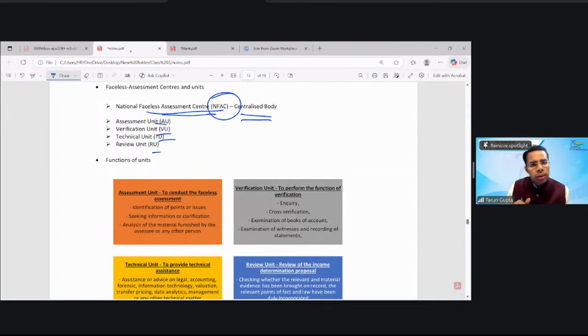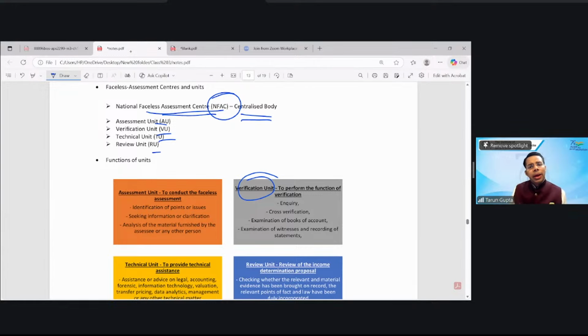What does the assessment unit do? It actually does the assessment. It asks for information from the assessee, scrutinizes the information received from the assessee, and actually makes the assessment order. The officer in this unit actually does the assessment.